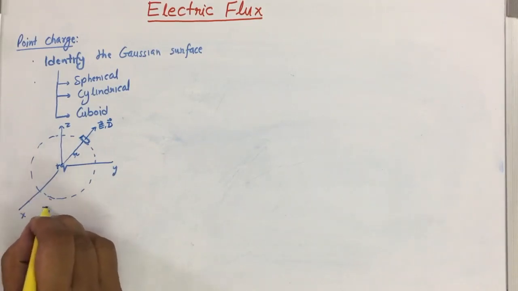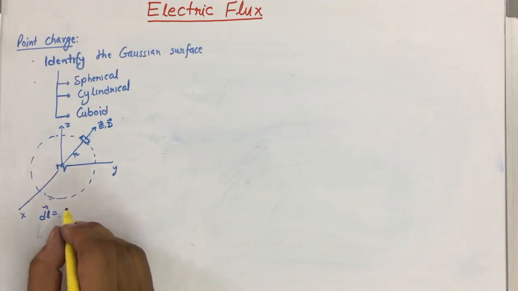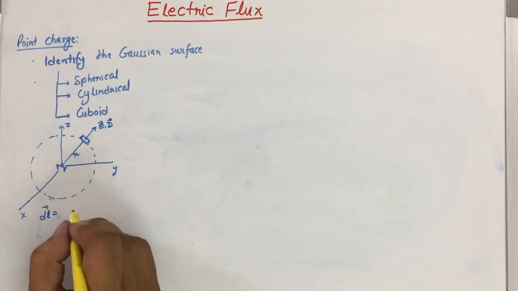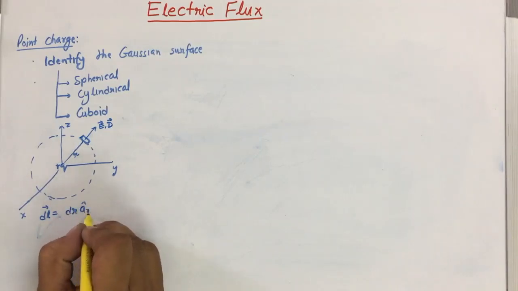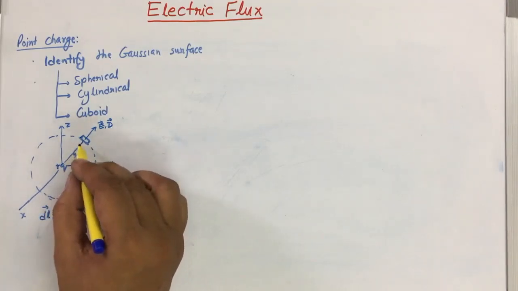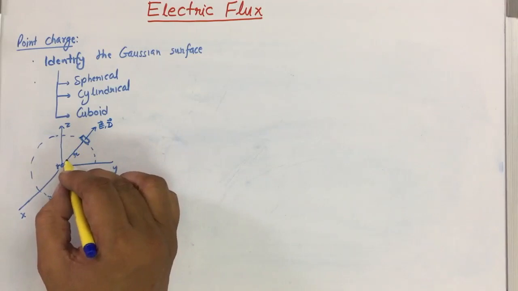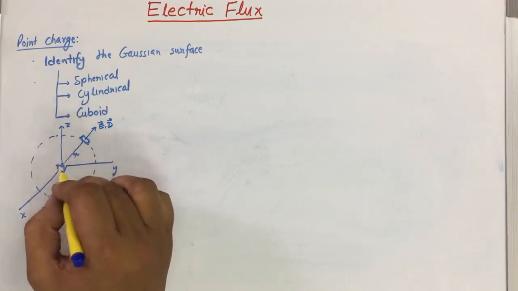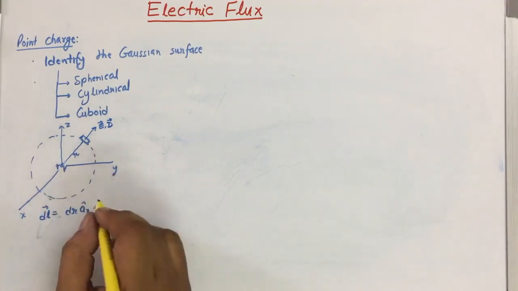If we recall the coordinate geometry where we discussed dl in the spherical coordinate system, it was dr in the direction of the radial vector, plus r sin theta d phi in the a phi direction, plus r d theta a theta.